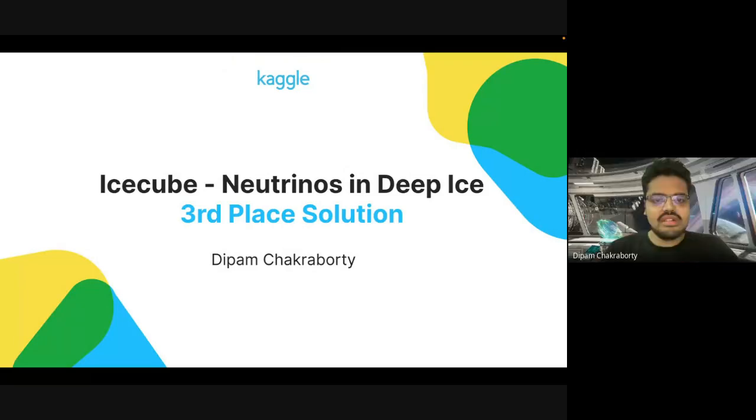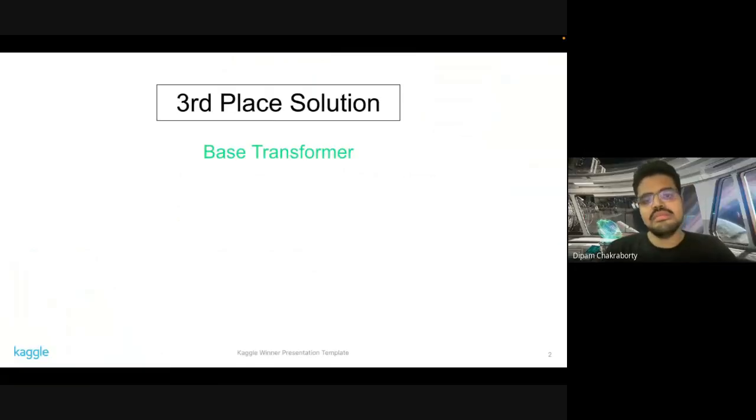So hi, my solution for the IceCube challenge was essentially that I went with a transformer. I did some work with other models, especially the graph model that was shared early, which had a lot of good insights.